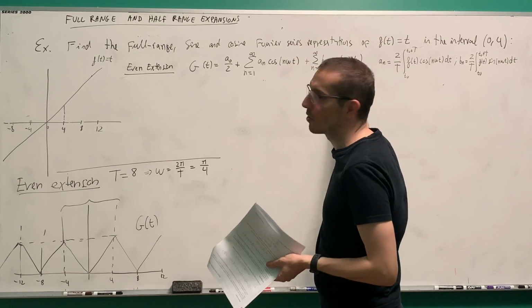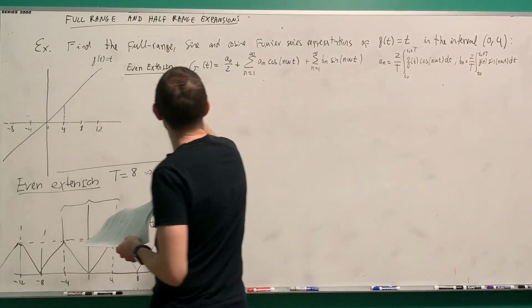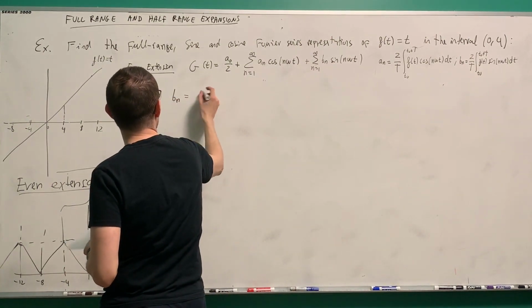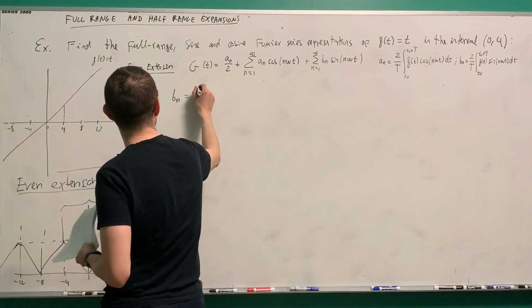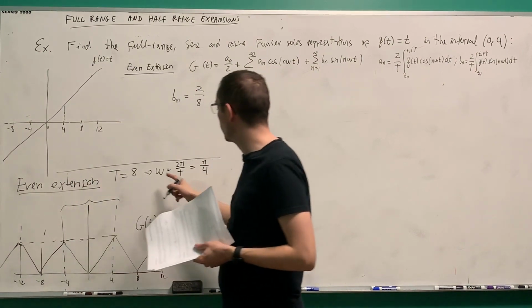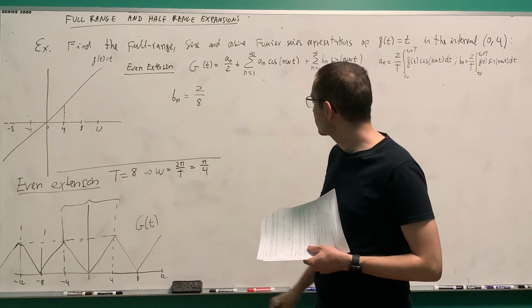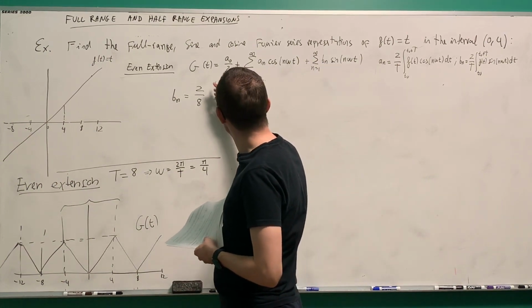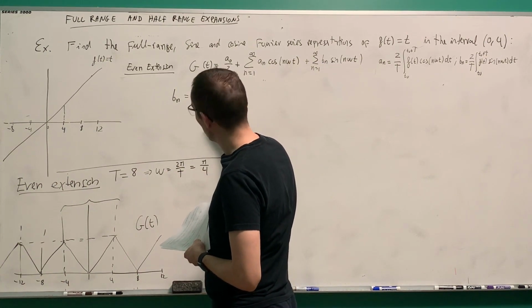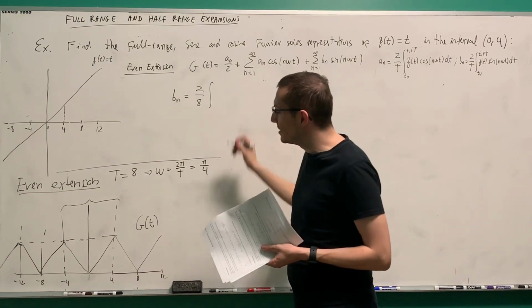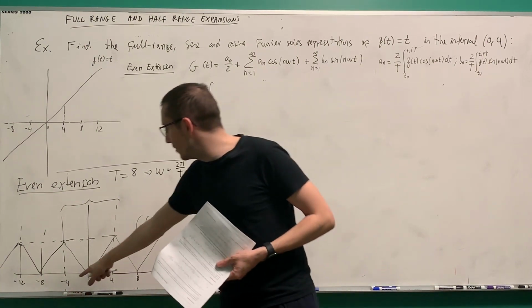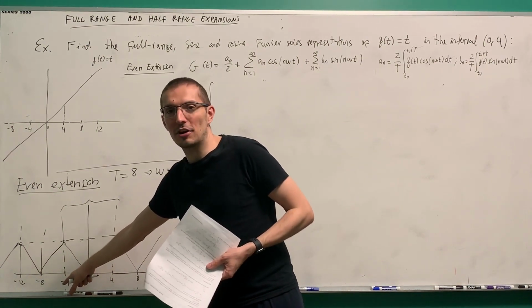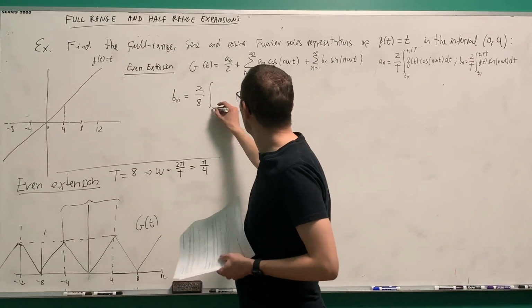They cannot have sine components that are odd. Let's see. bn is equal, in this case, to 2 over T, so 2 over 8, which is the value of T in this case. And then we get the integral from, what t0 do we pick here? Conveniently we can pick t0 equals -4, so the integral from -4 to 4.